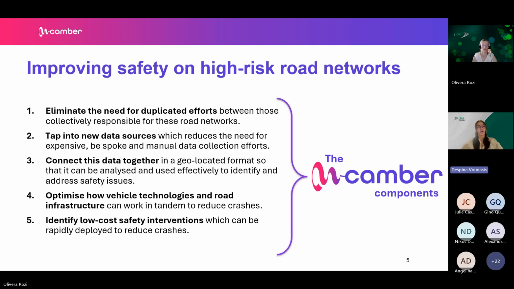We have several components through which we try to address those challenges. The first one is to eliminate duplication of efforts between stakeholders who are responsible for road maintenance and safety. We will also leverage new data sources to reduce the need for expensive and manual data collection, and we plan to connect all relevant data in one geolocated format to enable smart analysis and to target interventions.